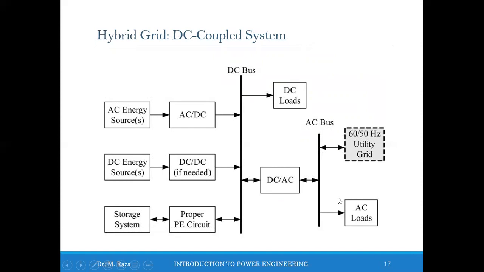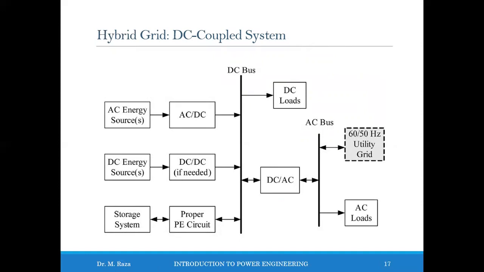The system can supply power to the AC load at 50 Hz or 60 Hz, or be interfaced to a utility grid through an inverter, which can be designed and controlled to allow bidirectional power flow.